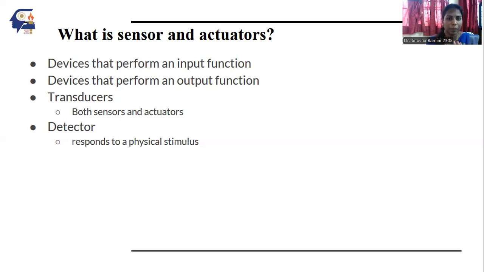A sensor is an input device which only senses physical changes or some characteristics, and it responds based upon the input it accepts. An activator is a device that performs an output function, and it is used to control external devices. A transducer is a combination of both sensor and activator, collectively known as a transducer.